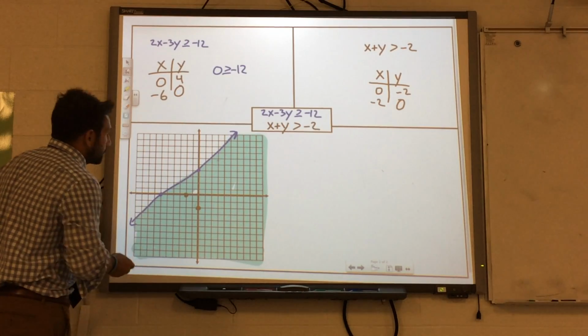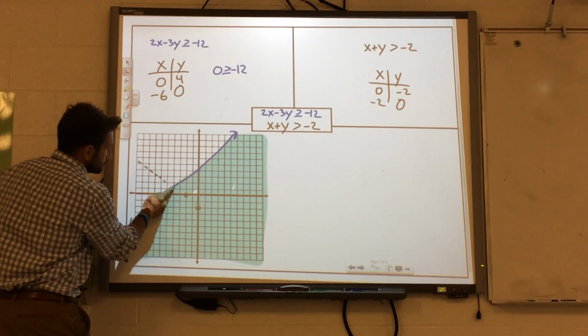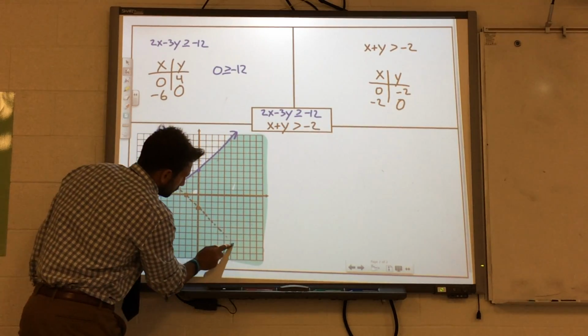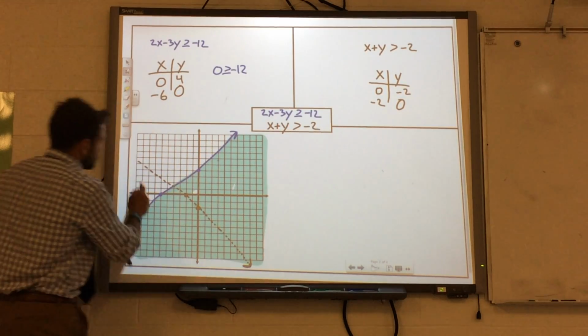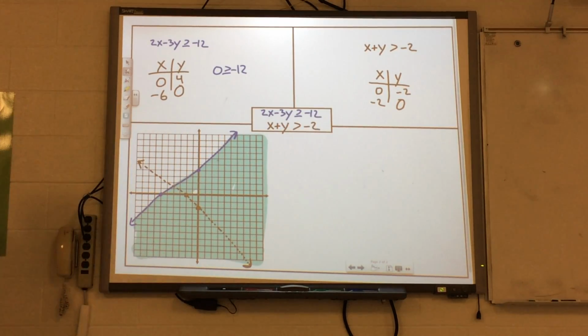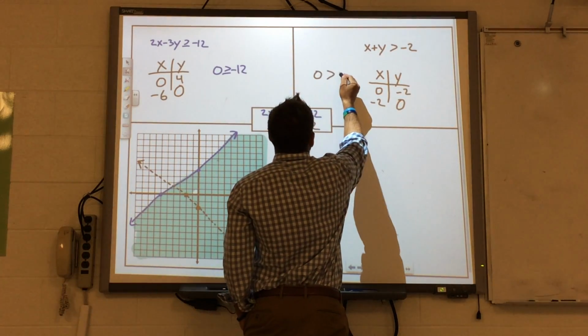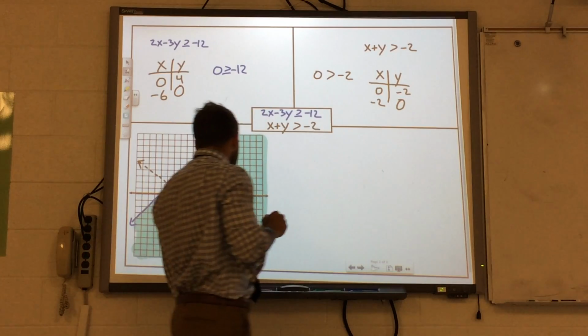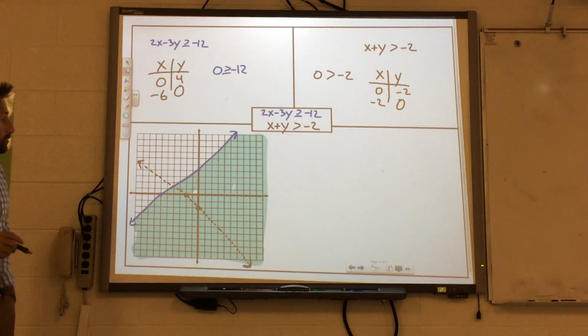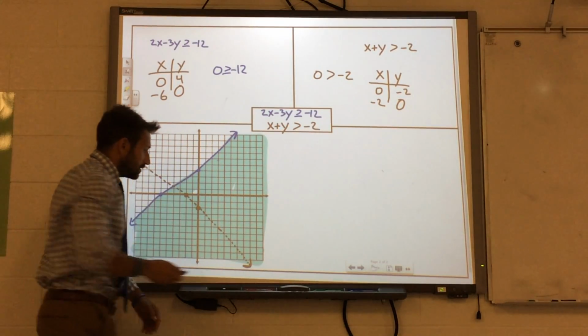Okay? Connecting with a dotted line. And do we shade above or below? We use a test point, 0, 0. Is 0 greater than negative 2? It is. 0 is greater than negative 2, so we're going to shade above the dotted line.